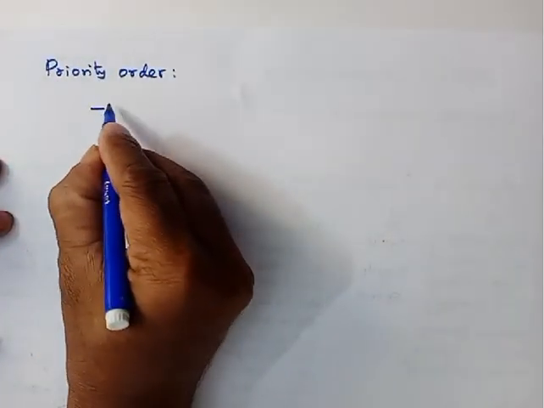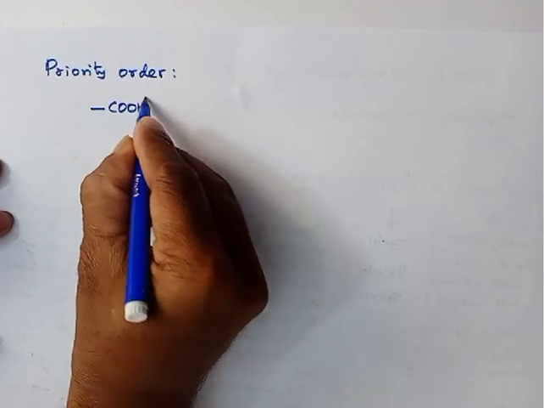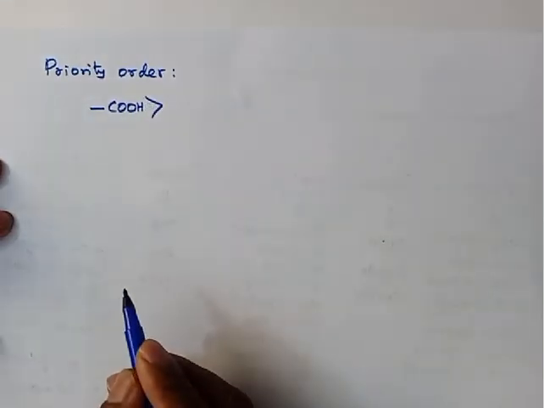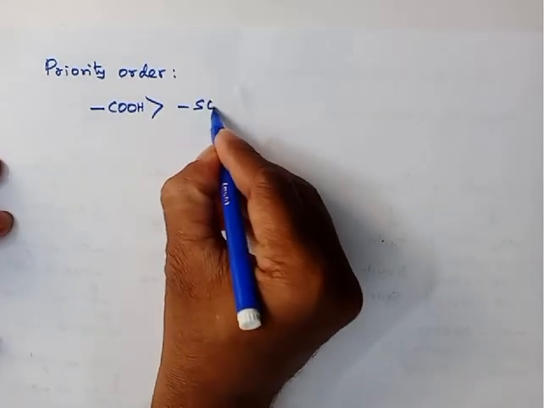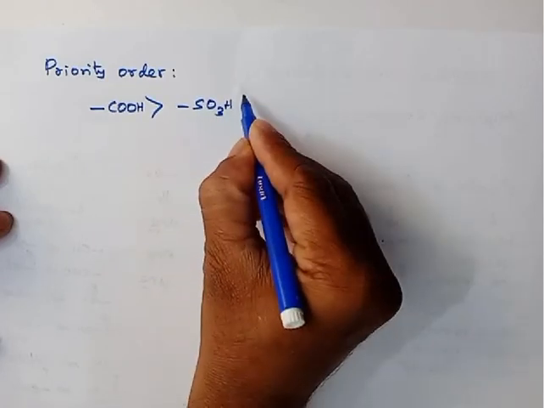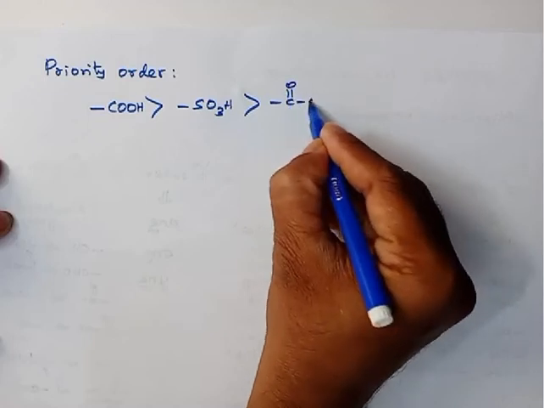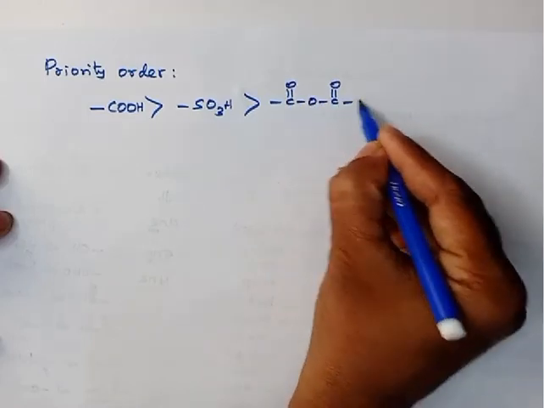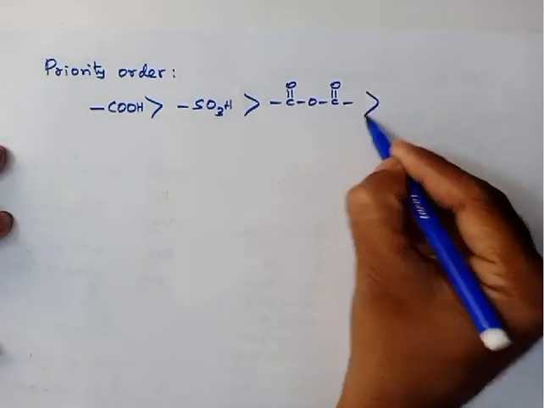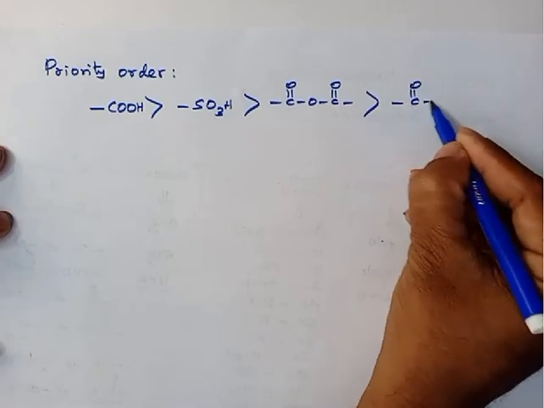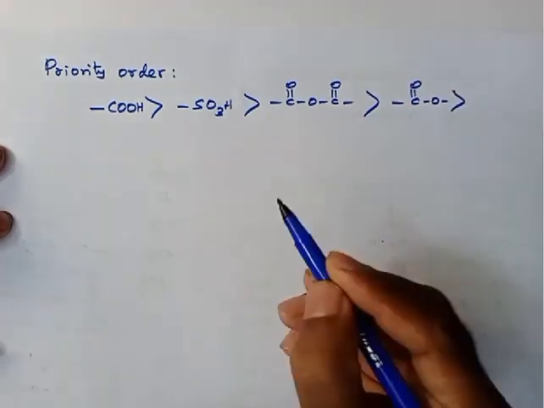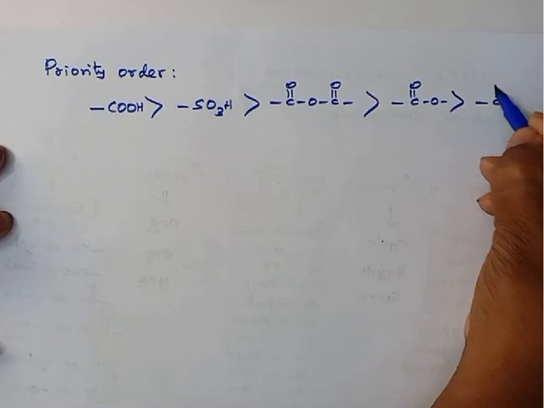So carboxylic acid has the highest priority. Then sulfonic acid, SO3H. Then acid anhydride, then esters, then acid halides.